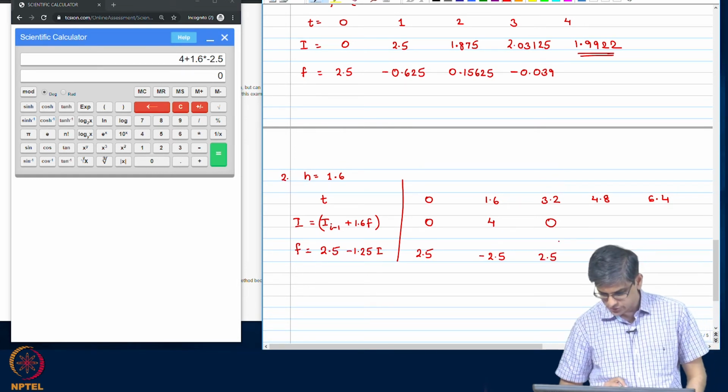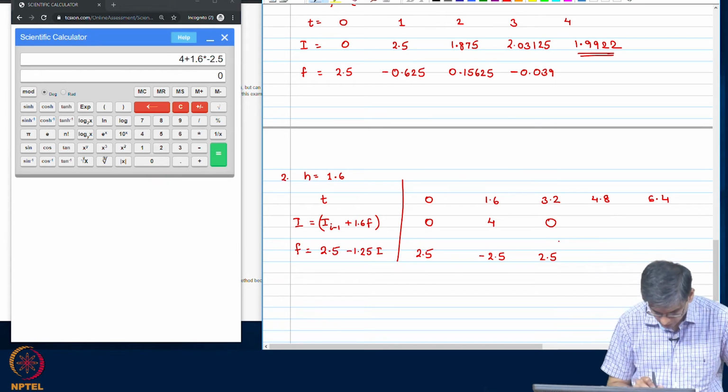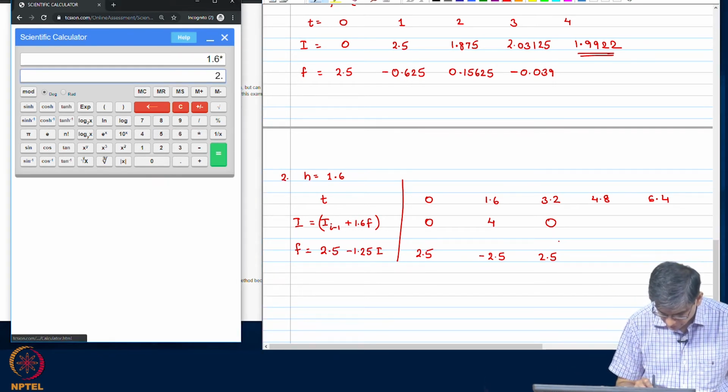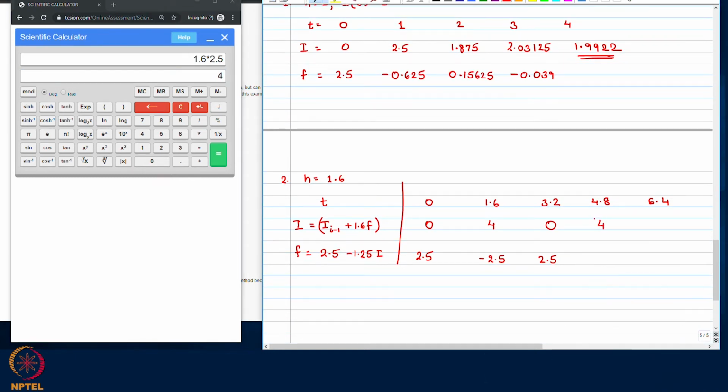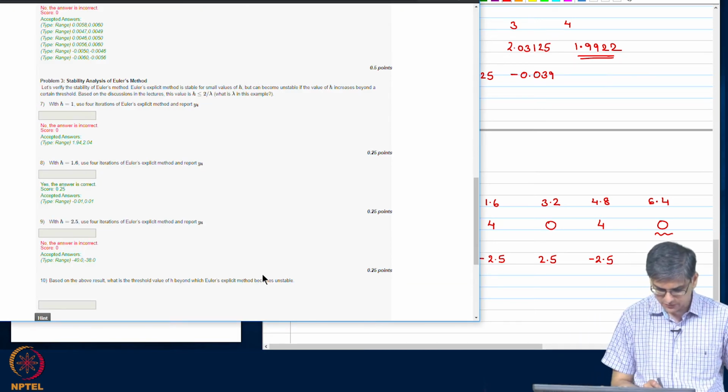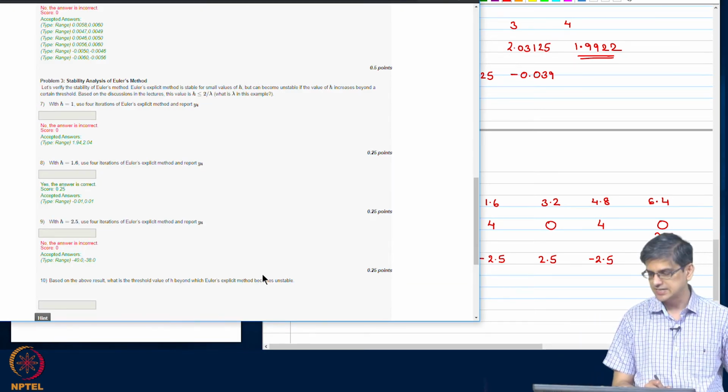Our I is going to be 0 plus 1.6 into 2.5, which is 4, and 2.5 minus 4 times 1.25 is minus 2.5. With this it is going to be 4 minus 1.6 into 2.5, which is 0. So the value at the end of this iteration is 0. With h equal to 1.6, this is exactly what you get.